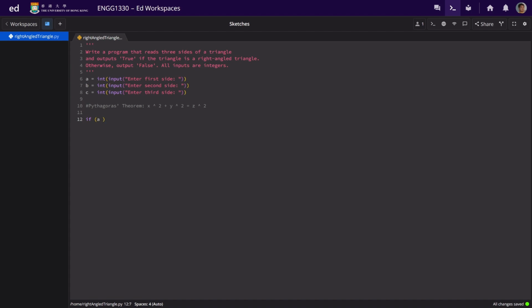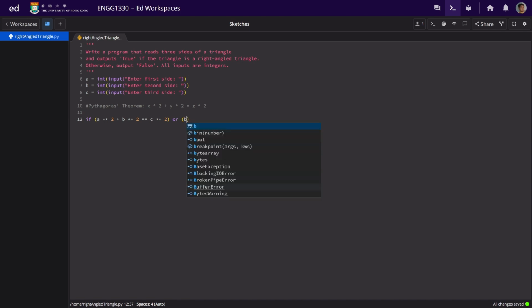First of all, we consider square of A. Notice that we use 2 times operators for the power operator, and plus square of B equals square of C. Remember to write 2 equation signs instead of 1. So this stands for equals, while 1 equation sign is for the assignment operator.